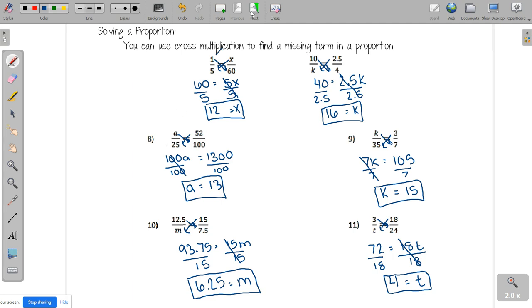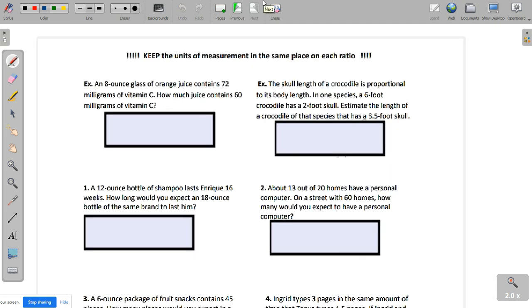Okay, let's look at the back. Now we have some word problems. So the key here is we have to keep the units of measure in the same place on each ratio. So, for this first example, an 8-ounce glass of orange juice contains 72 milligrams of vitamin C. How much juice contains 60 milligrams of vitamin C?